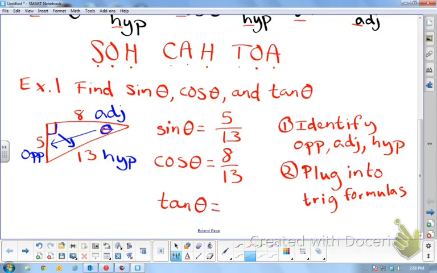And tangent would be opposite over adjacent. Again, if it could reduce, we would, but none of those reduce. So we found our 3 trig functions for this particular triangle. Sine is 5 over 13, cosine is 8 over 13, and tangent is 5 over 8.